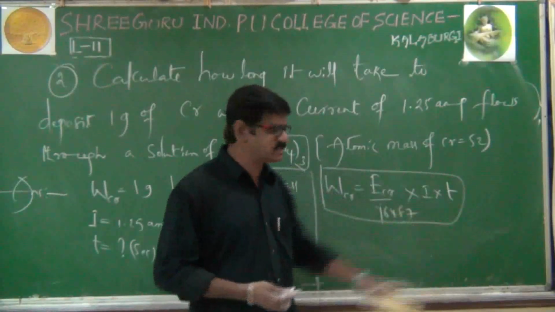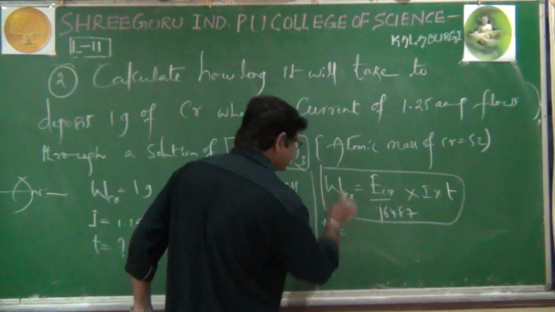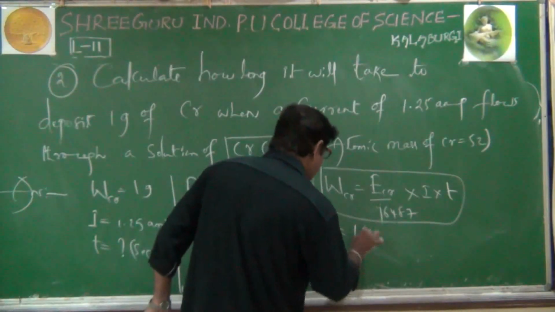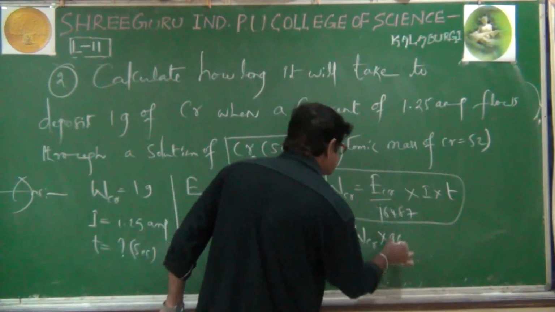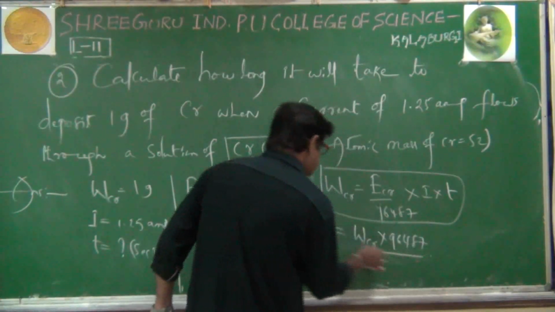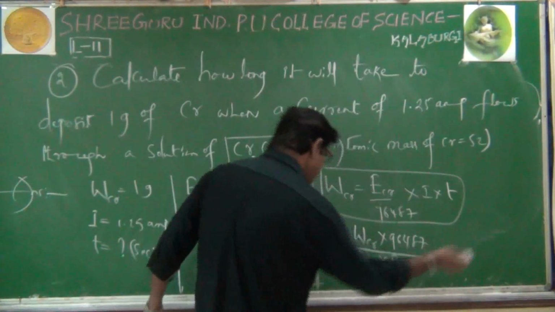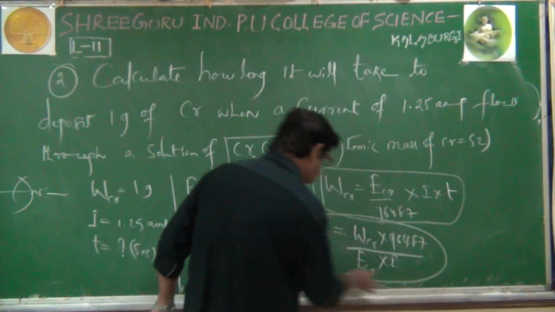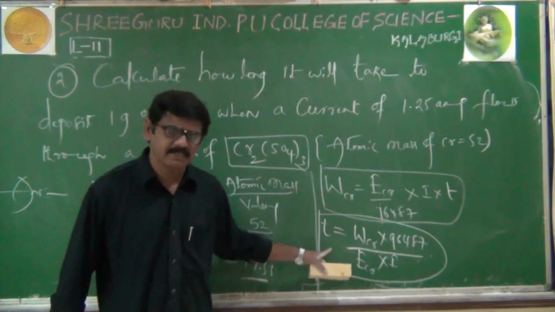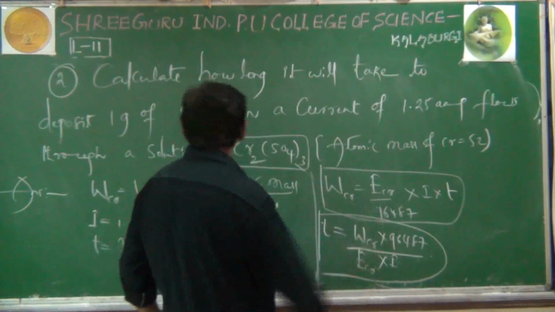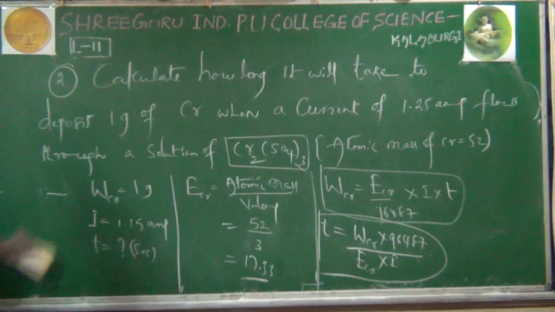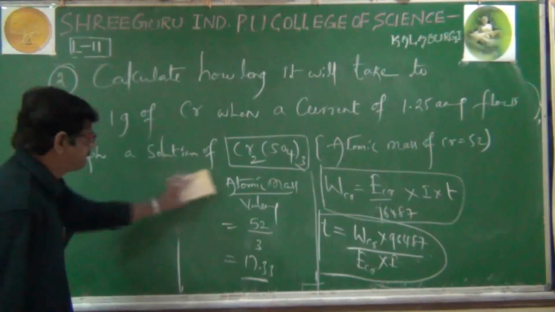Time will be brought to the LHS. Therefore T is equal to, we'll multiply these two, mass of chromium into 96,487 divided by equivalent mass of chromium into I. That's all. This is our required formula. Now we'll substitute. I'll write it on this side.